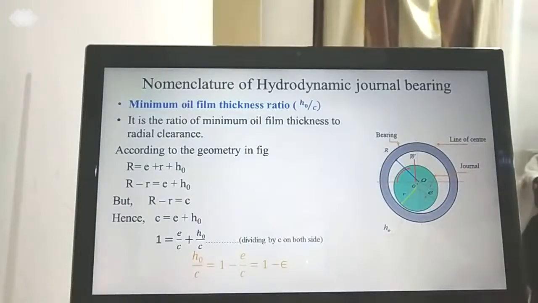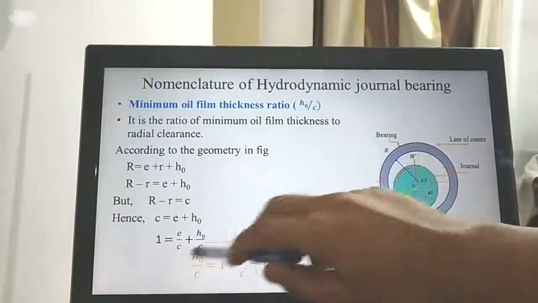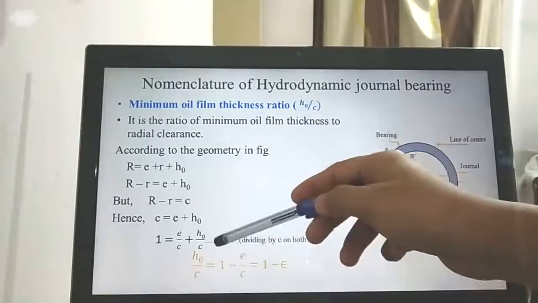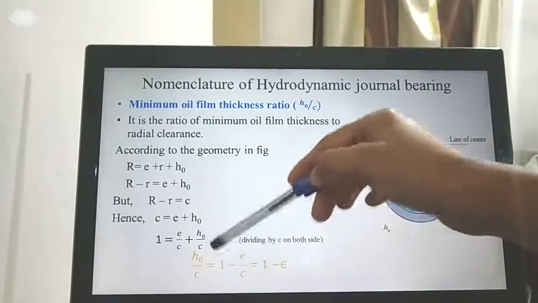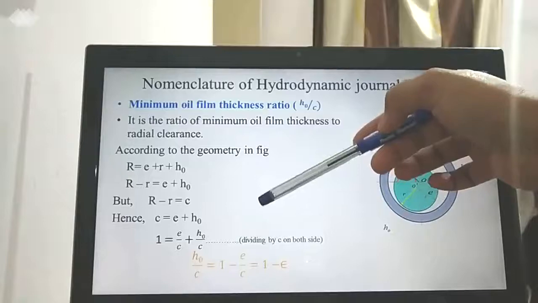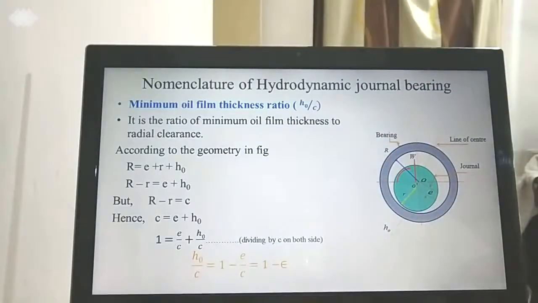So we get the equation 1 is equal to e upon C plus h0 upon C. Or let's rearrange the equation. We get h0 upon C, the minimum oil thickness ratio, is equal to 1 minus e upon C, or we can say 1 minus epsilon. So here we finish with the nomenclature of the hydrodynamic journal bearing.